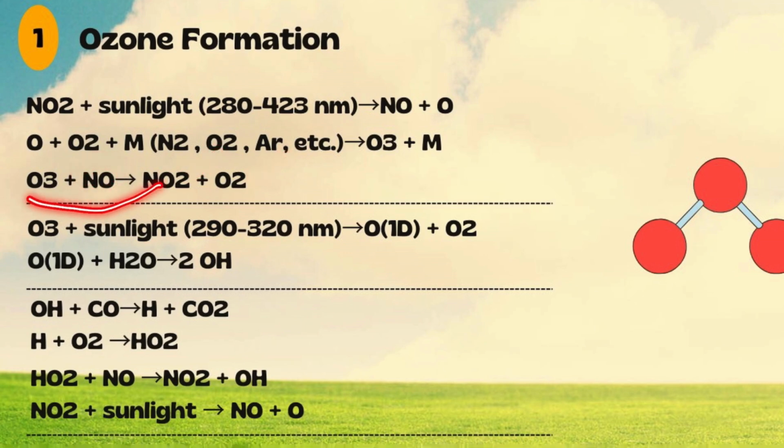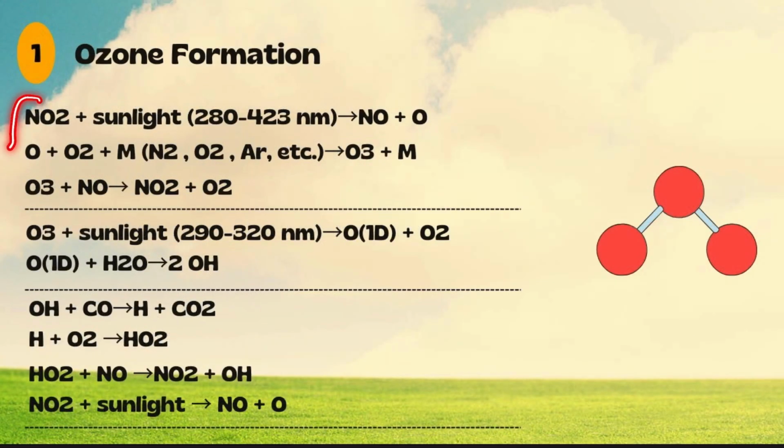Now this NO2 can initiate the cycle further, and in this way the cycle starts again and different products are formed. It is to note that the first three reactions lead to the situation where the ozone formation is dependent on the concentration ratio of NO2 and NO and the intensity of sunlight.